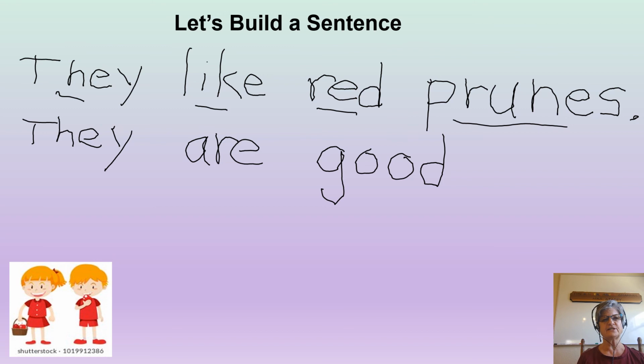Now, remember my first sentence said, they like red prunes. And I put a period because that was a thought. That was a sentence. Now, since I wrote another sentence, I had to begin it with a capital again. They are good. In that sentence are spaces between they and are, and between are and good. But did I end my sentence with a period, an exclamation mark, or a question mark?